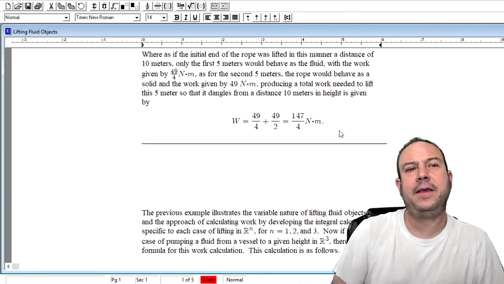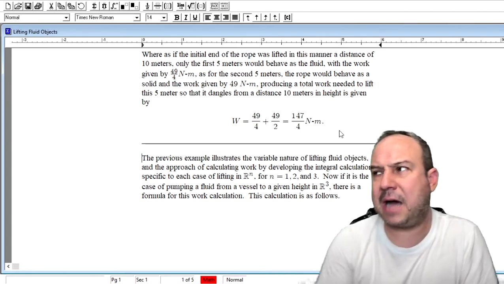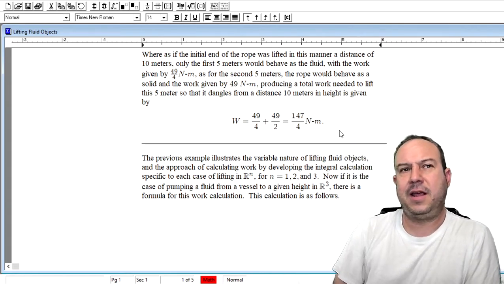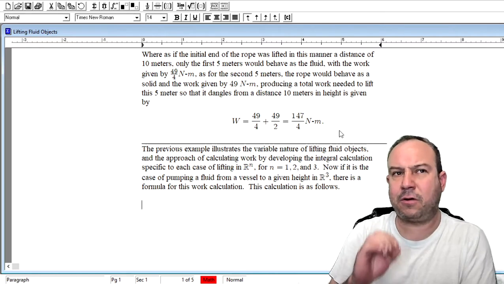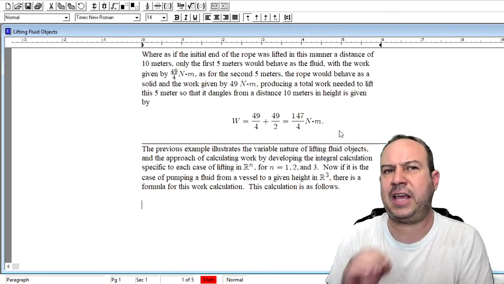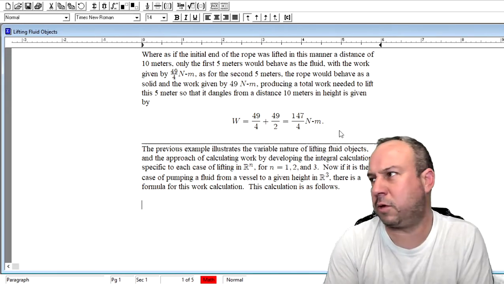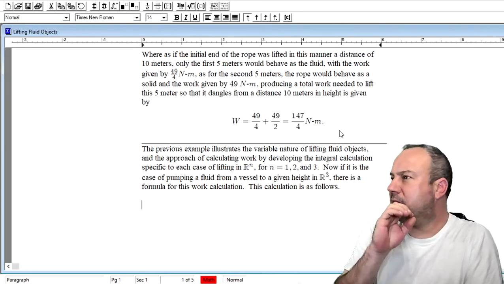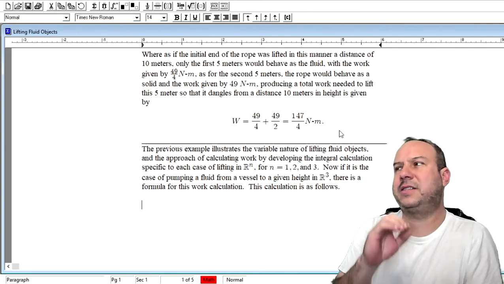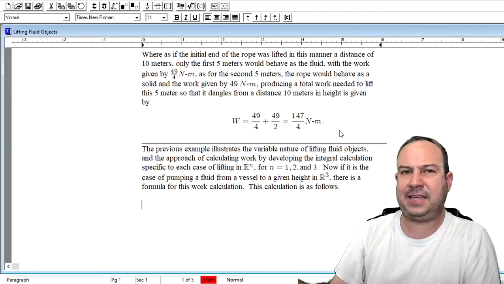Now, this previous example illustrates the variable nature of lifting fluid objects, and the approach of calculating the work by developing this integral calculation specific to each case, a lifting in our n-dimensional space, n being 1, 2, or 3 dimensions. The case of lifting of fluid objects varies greatly from case to case.